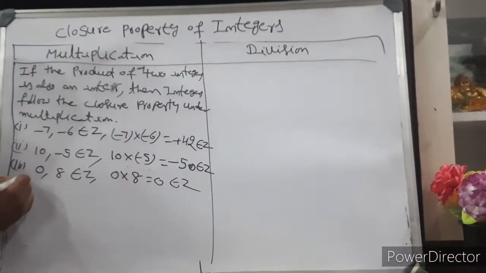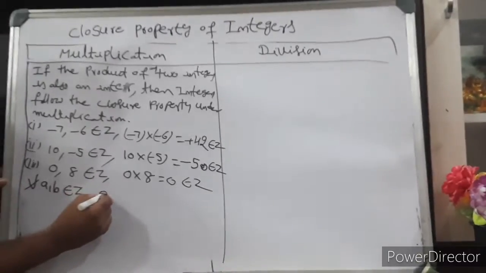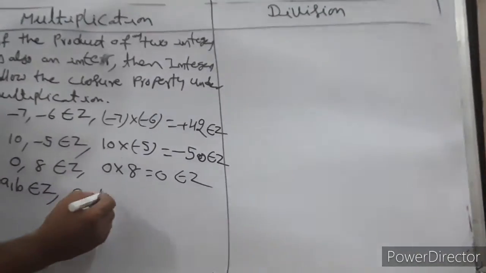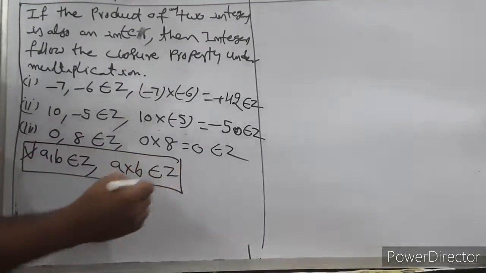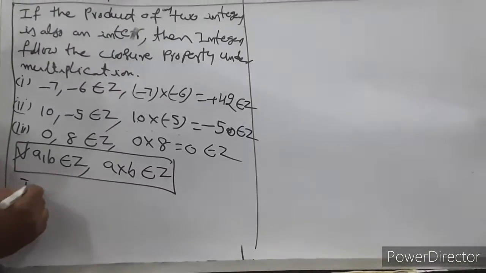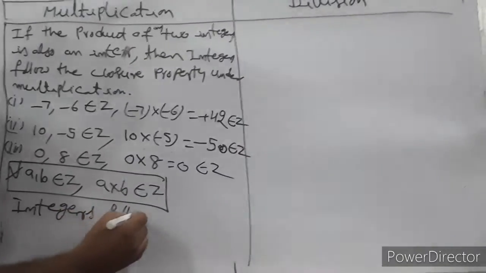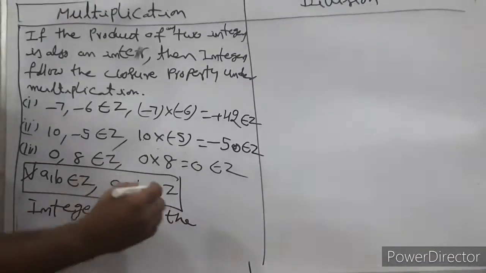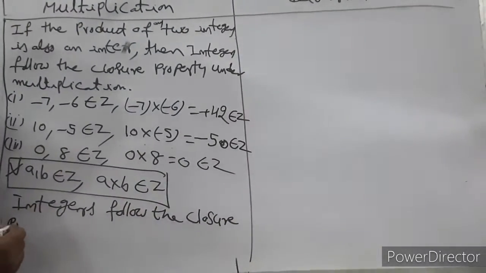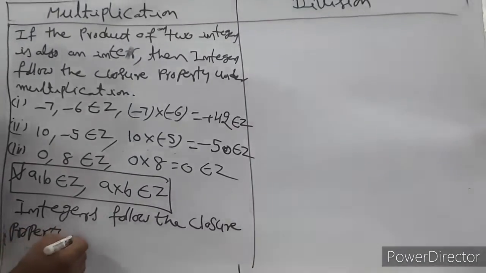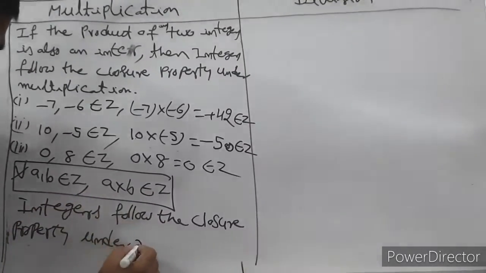That means for all a, b belonging to Z, a into b also belongs to Z. So integers follow the closure property under multiplication.